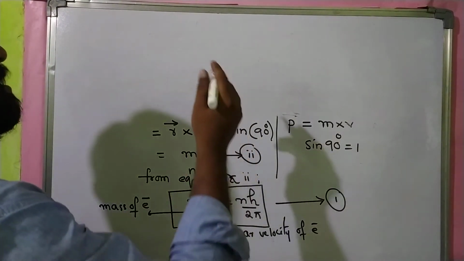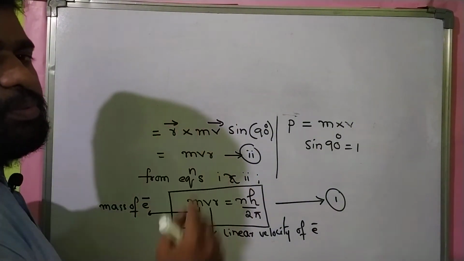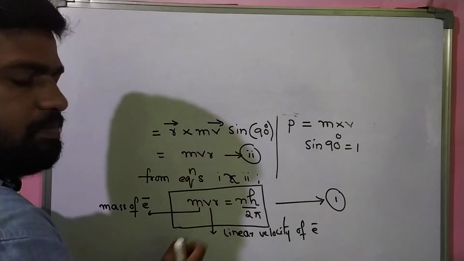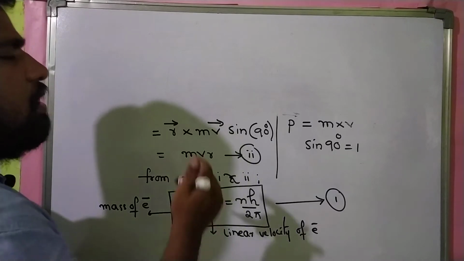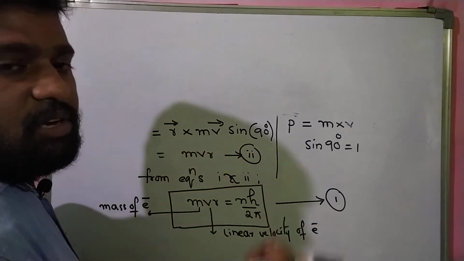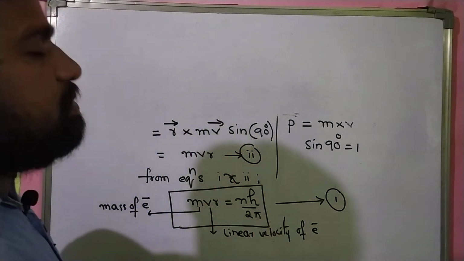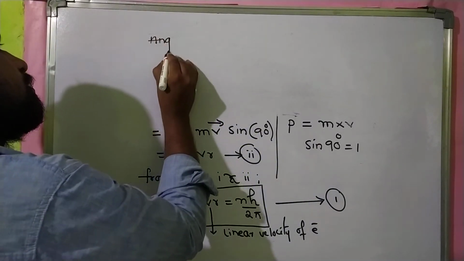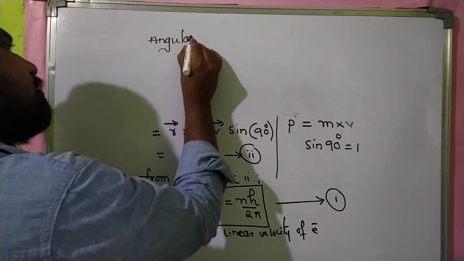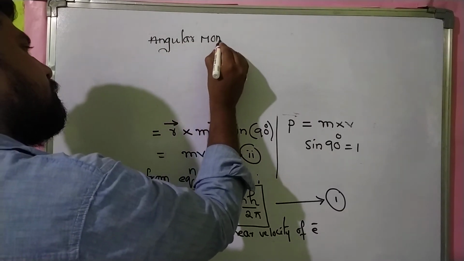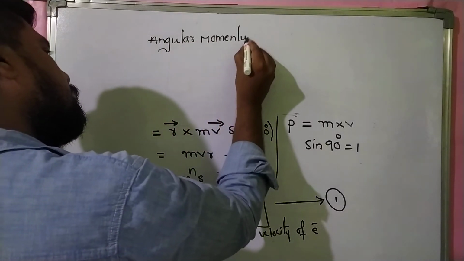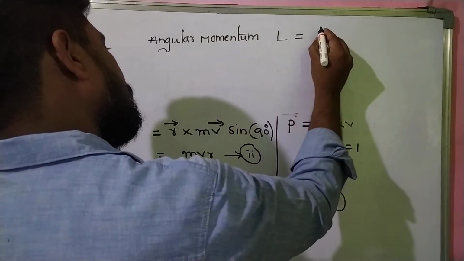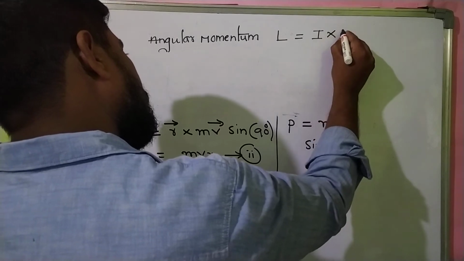And explanation 2. This is one type of explanation for angular momentum, and by using physics also, according to our physics, angular momentum L equal to I into omega.